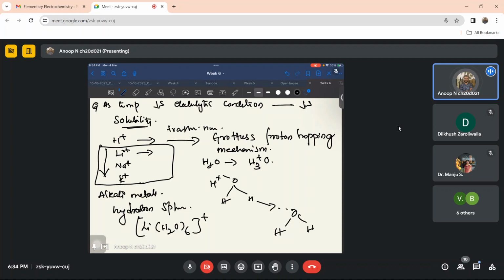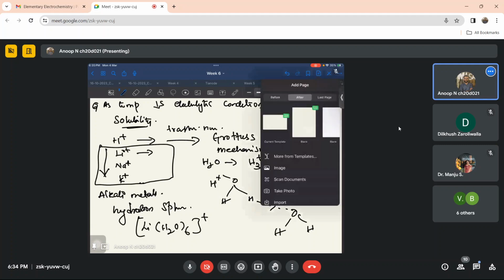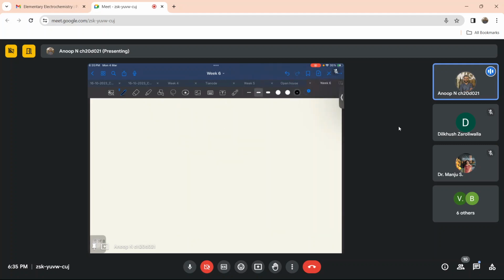So now let's move on to this week's content. What we have seen first is the variation of conductance with concentration.